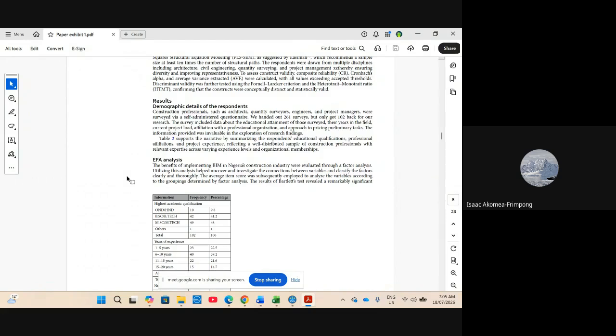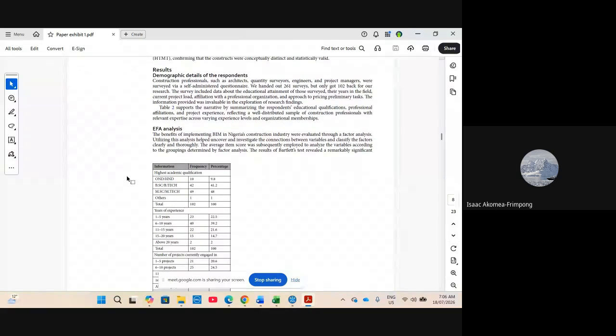If you don't have that, then you can use an EFA, which is exploratory factor analysis. You can conduct exploratory factor analysis to help you categorize the factors, classify the factors. Investigate the connection between the variables and classify the factors clearly and very well before you go ahead to conduct your structural equation modeling.